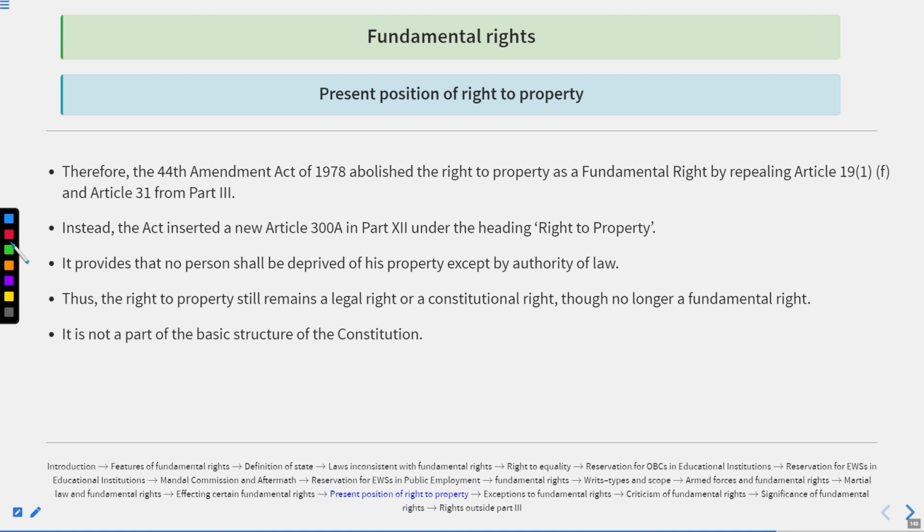Thereafter, if you move forward, there was the 44th Amendment Act of 1978.